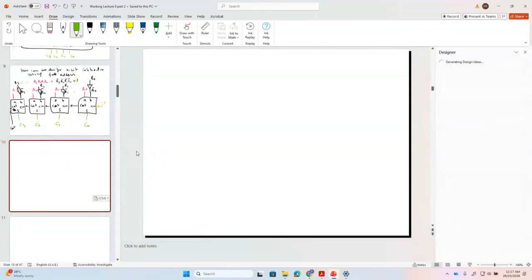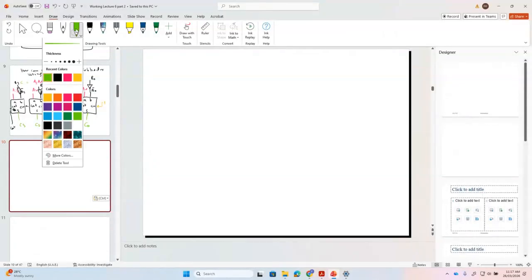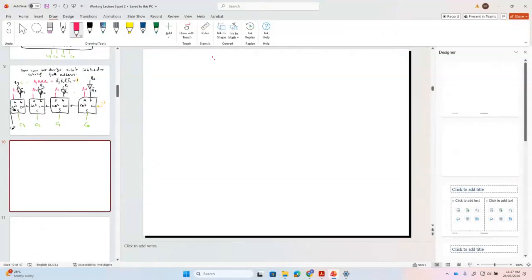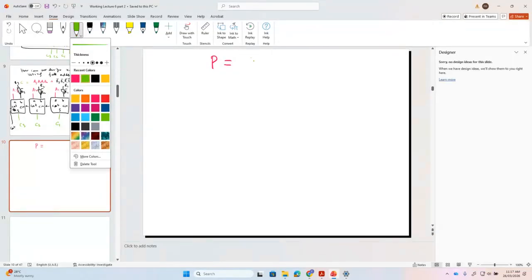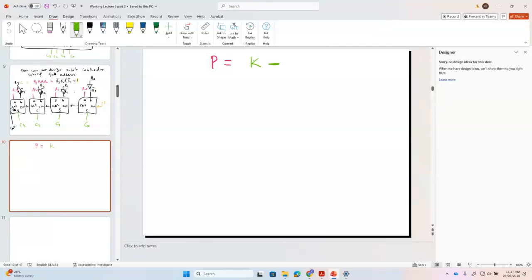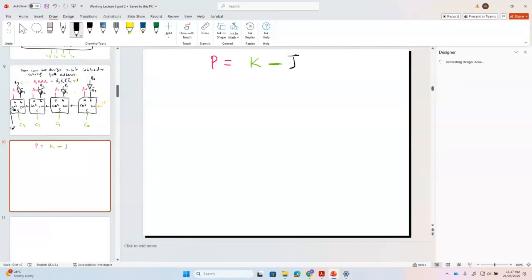Okay. Let's assume now that this is another objective. Let's assume we want to compute P is equal to K minus J. And let's assume that all of these signals are 8-bit data.